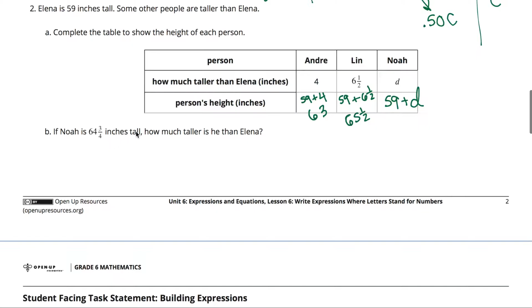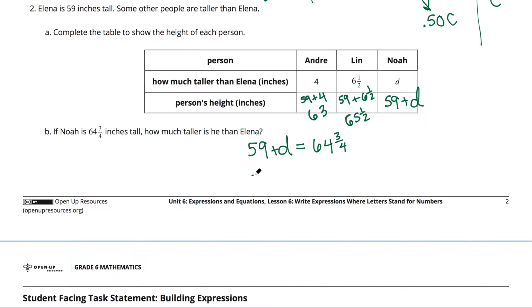Now they're telling us that Noah is 64.75 inches tall. How much taller is he? Well, we now know then that 59 plus d equals 64.75. I'm trying to solve for the variable d.